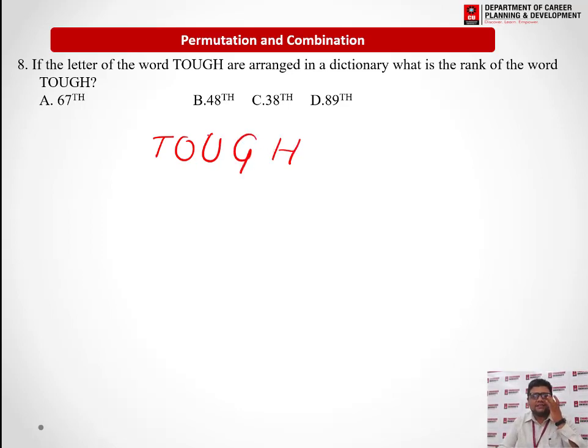We can arrange this in alphabetical order also, but firstly we must know the position of each individual alphabet in our dictionary.